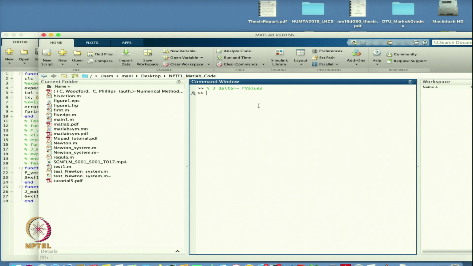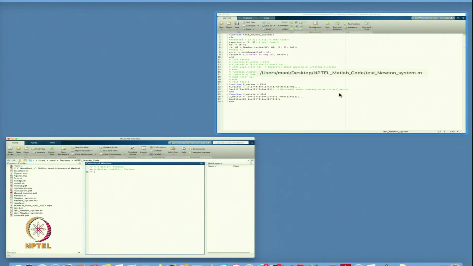Now, if I want to find delta, what I do? I have to find the inverse of J and then multiply by whatever value we are going to write here. So, I am going to find this value. In MATLAB, instead of finding the inverse we have the backslash operation.